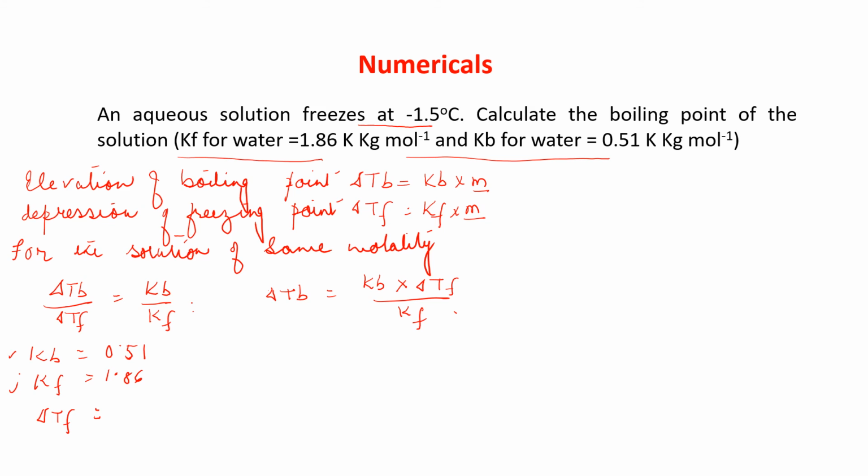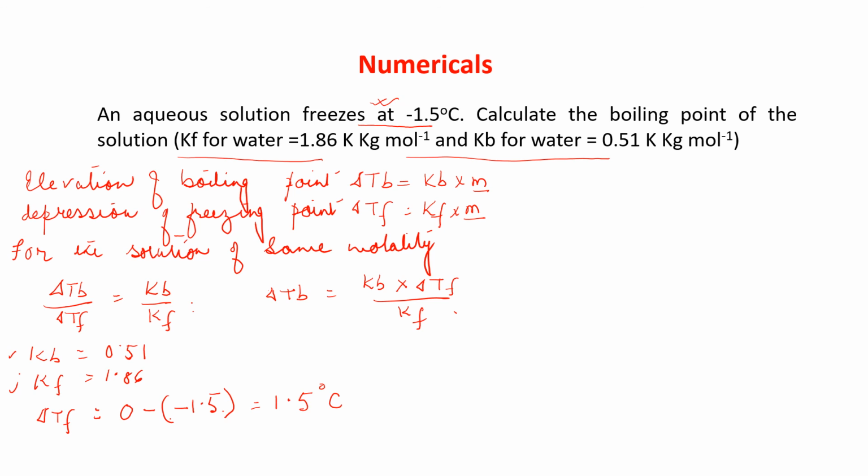Delta means the difference, the depression, that is equal to, if it is water, then 0 minus minus 1.5. Children, please be very careful here. So delta TF is equal to 0 minus minus 1.5, because the value is given minus 1.5. So it is coming 1.5 degrees centigrade. Okay, am I clear?